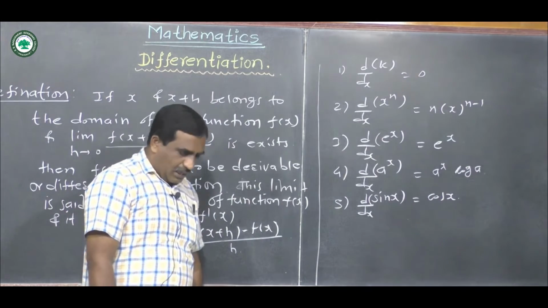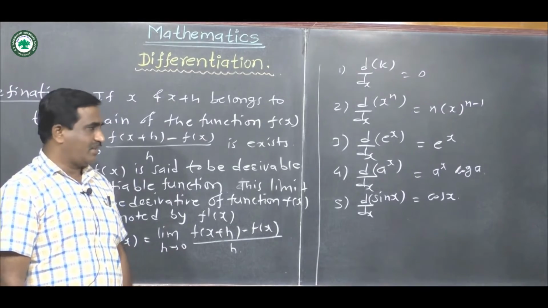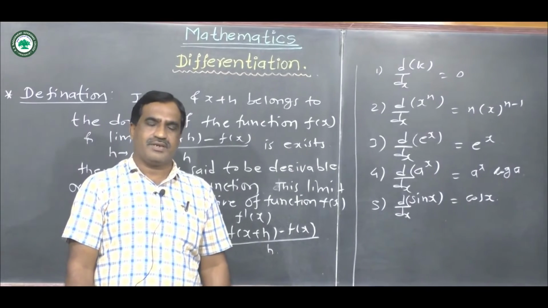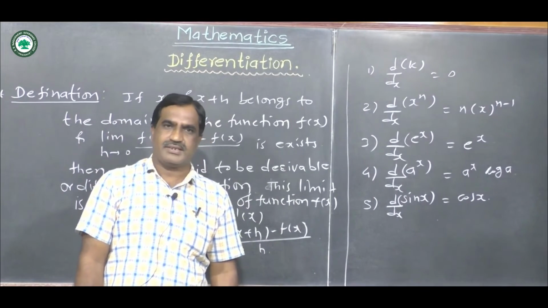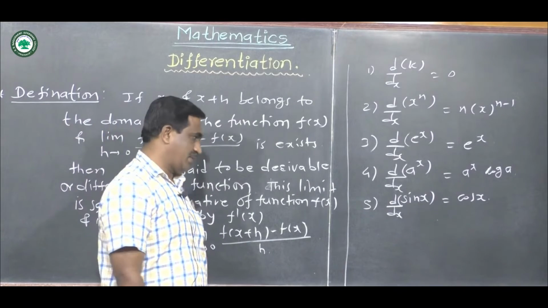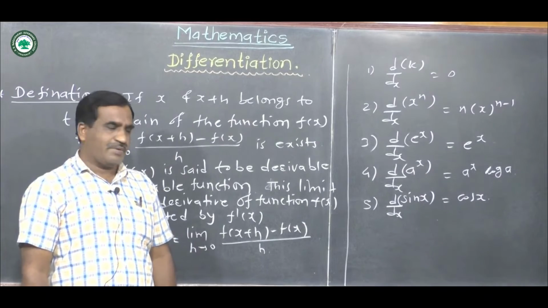Also we have seen standard formulae for the inverse functions. We know that the inverse trigonometric functions are sin inverse x, cos inverse x, tan inverse x, cot inverse x, sec inverse x, and cosec inverse x. These are also standard formulae for the inverse trigonometric functions.